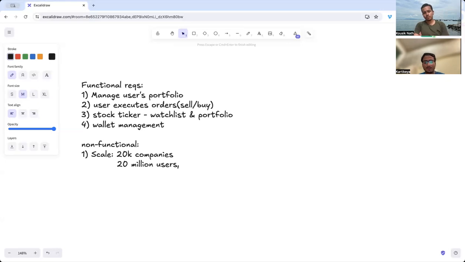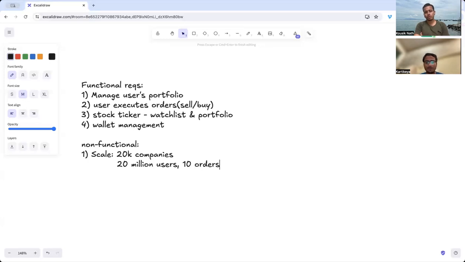Number of orders. It depends on what kind of trader a particular person is. An intraday trader might be placing more orders than other kinds of traders. But we can assume that on average, one user places 10 orders per day.